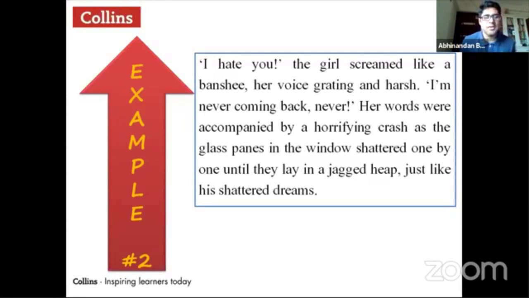Terror-stricken image using sight and sound. Yes. Visual imagery, auditory imagery. Coming to auditory imagery is crash, visual imagery, shattered, jagged heap. That's from Facebook. Yeah, excellent.